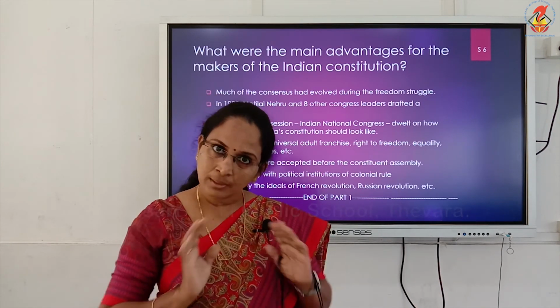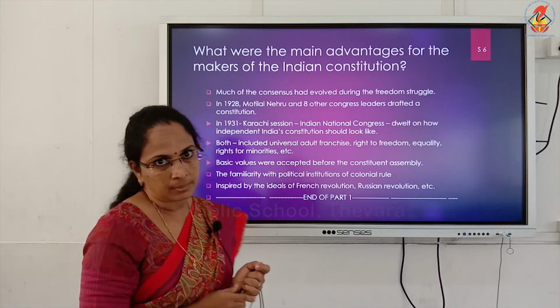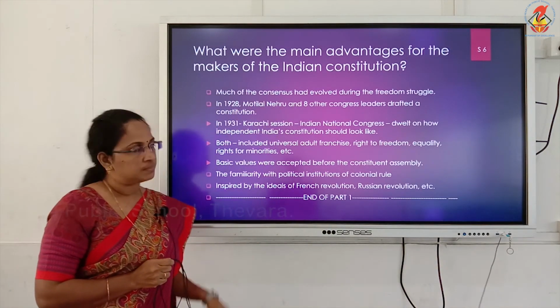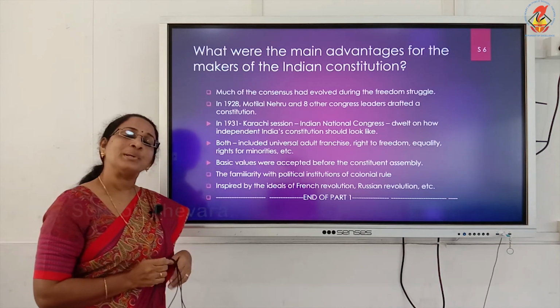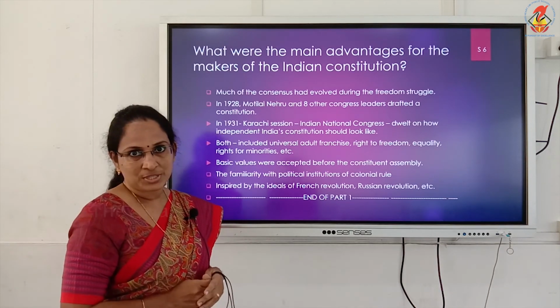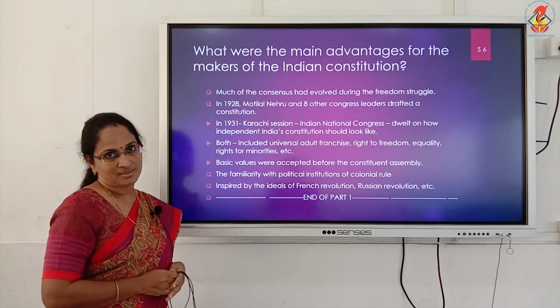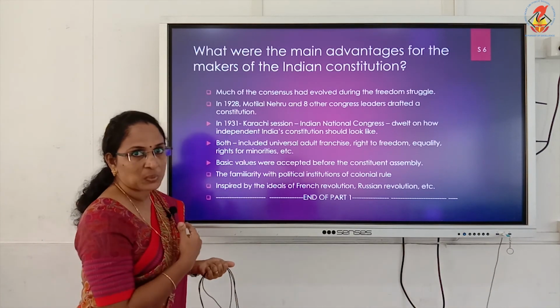Much of the consensus, general agreements. And before writing the constitution of free India, they made several documents. 2 such documents are included, children.